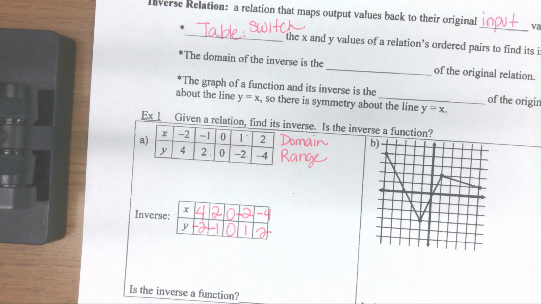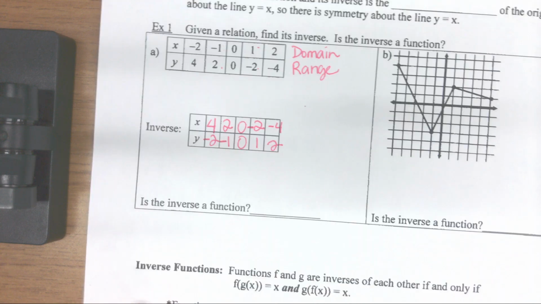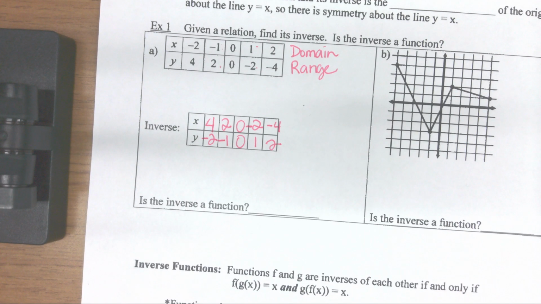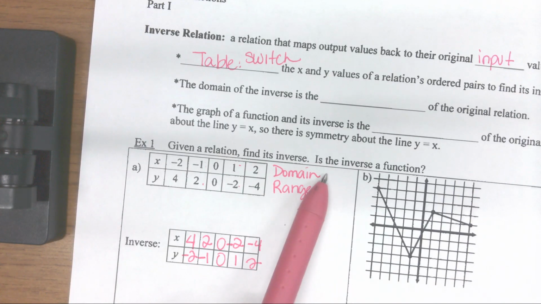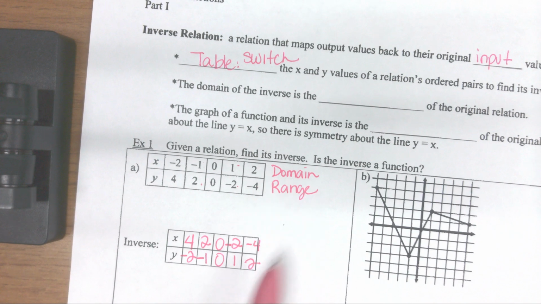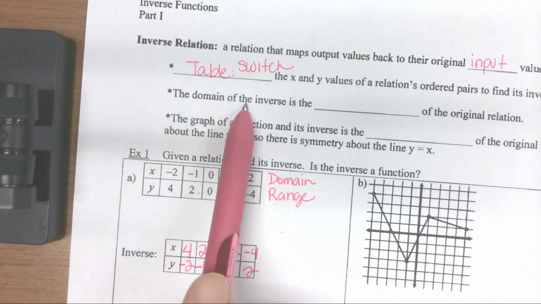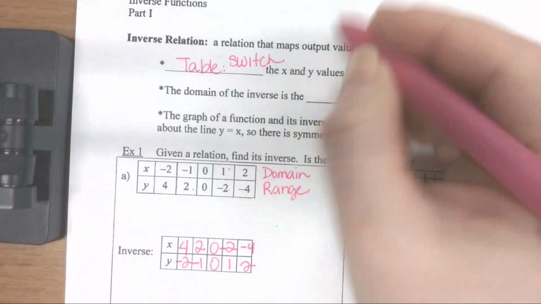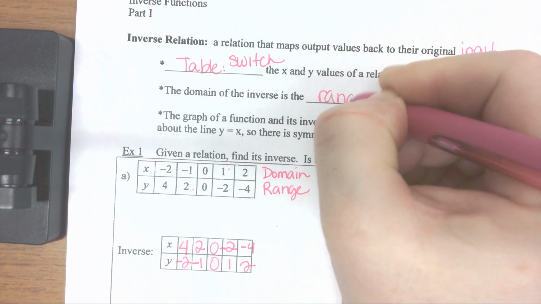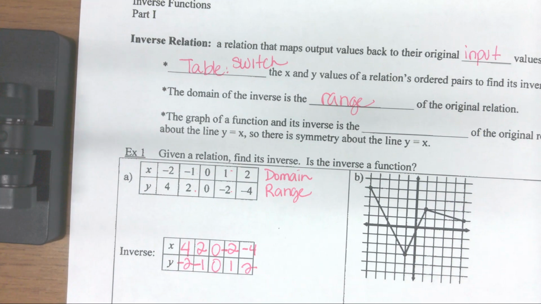What does that become? The domain of the original function now becomes the range of the other. So the domain of the inverse is the range of the original function, or original relation.